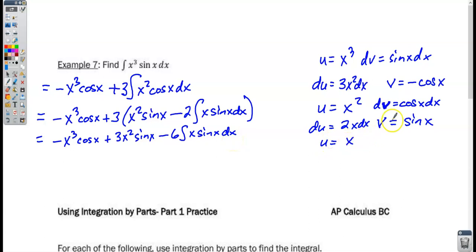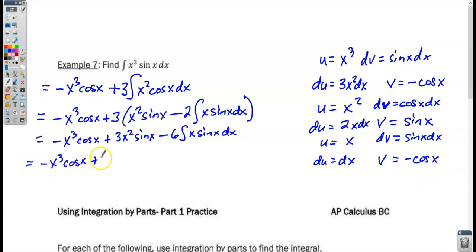Now the u is equal to x, and dv is equal to sine of x dx. So du is dx, and v is negative cosine of x. And so we've got negative x cubed cosine of x plus 3x squared sine of x minus 6 times the quantity uv, which is negative x cosine of x, minus the integral of v du, which is negative cosine of x dx. Since I'm subtracting a negative, I'm just going to make that a plus.